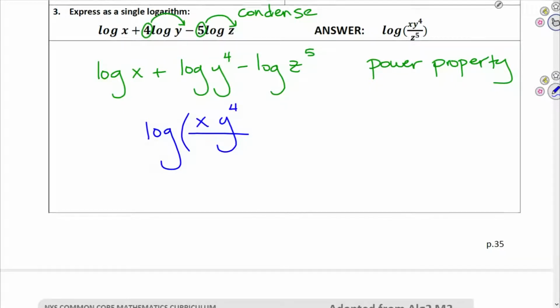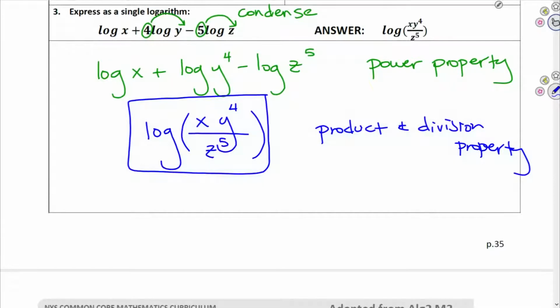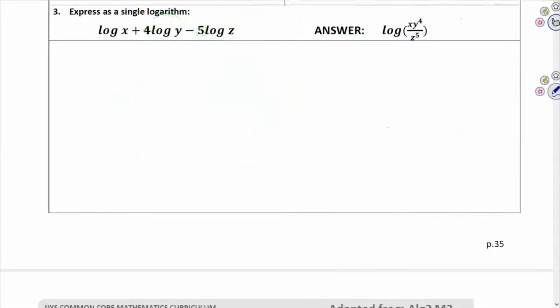And the log of z to the fifth is negative, so z to the fifth goes in the denominator, and I'm done. Okay, so those two really big properties, the power property and the product and division property, are what you use to condense or expand these logarithmic expressions.